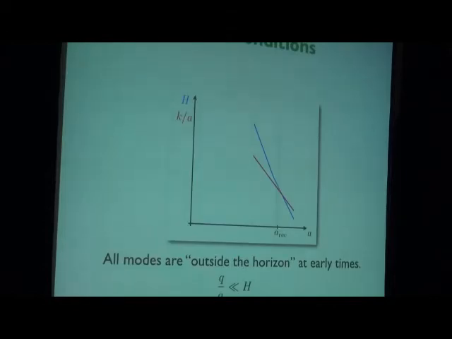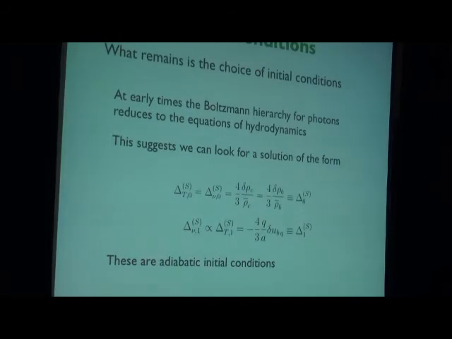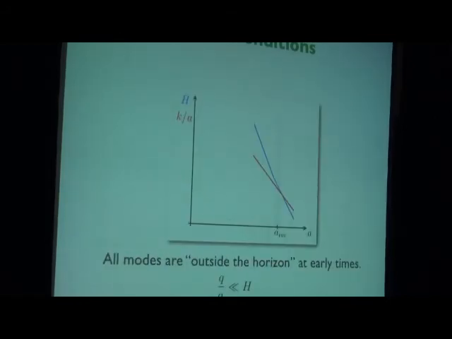And then what makes it easy to solve the system of equations in this limit is that all the modes are outside the horizon. If you looked at the equations, you saw that there was a Hubble rate and there was a momentum.